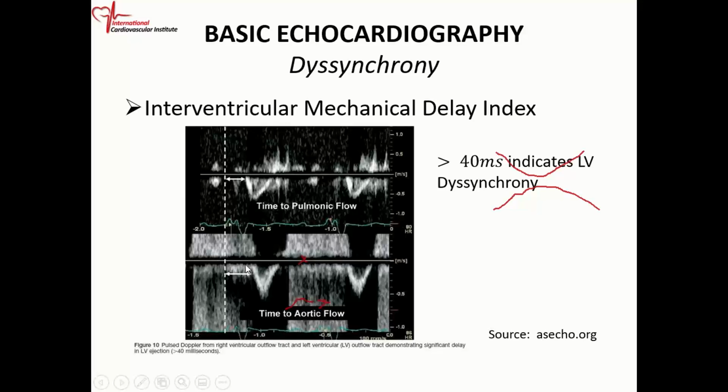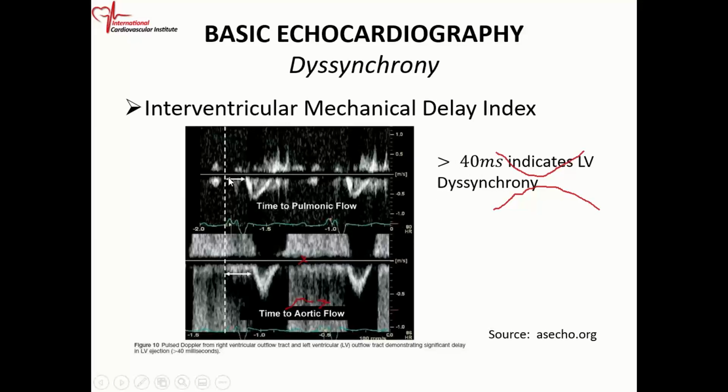So isovolumic contraction time, then the aortic valve opens, then you have ejection across the aortic valve, then this will be your IVRT right there. But this is the IVCT for both. Now, if the difference is more than 40 milliseconds, it indicates dyssynchrony.